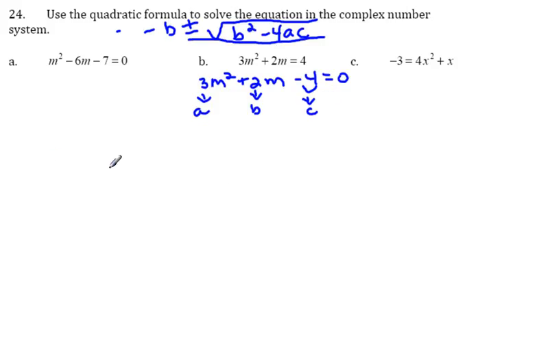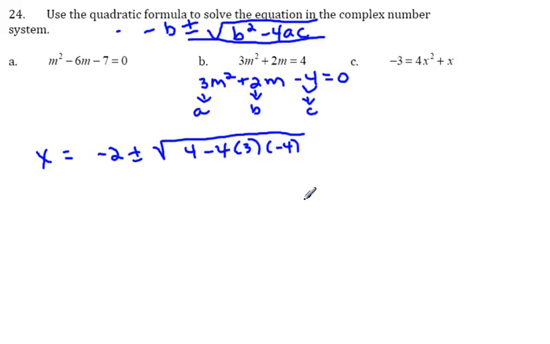So I'm going to start right into the equation. I have x equals negative 2 plus or minus the square root of b squared, which is 4, minus 4 times a, which is 3, times c, which is negative 4, all over 2a, which is 2 times 3.